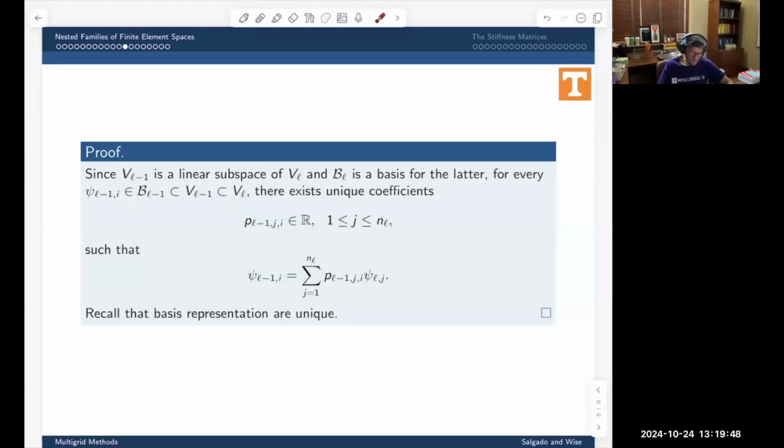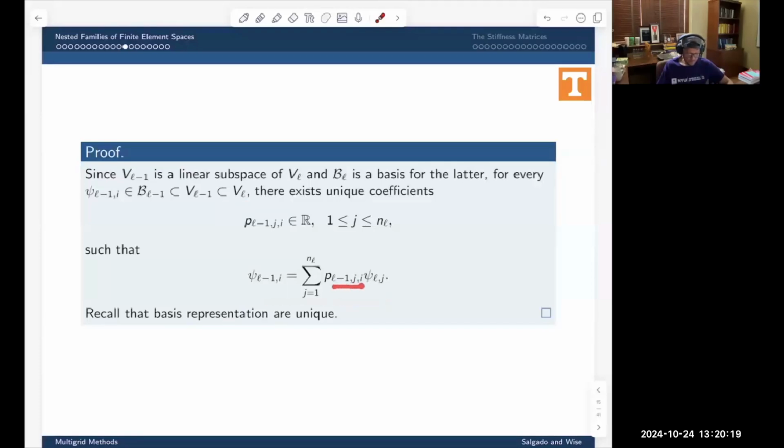So there has to exist these coefficients, and we even know that they're unique. Now, the way we number them or whatever we call them is not necessarily unique, but given an i in that basis, and given whatever L we want, then the expansion in the basis for this space is a unique expansion because we know that all basis representations are unique. So that's it. That's all there is to that.